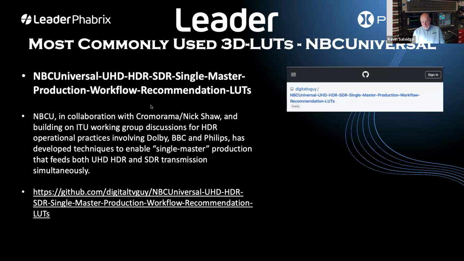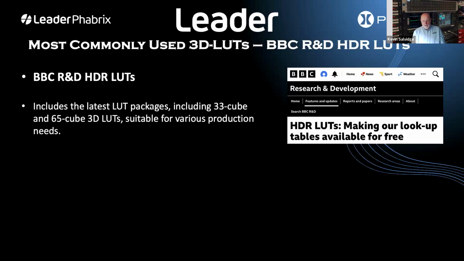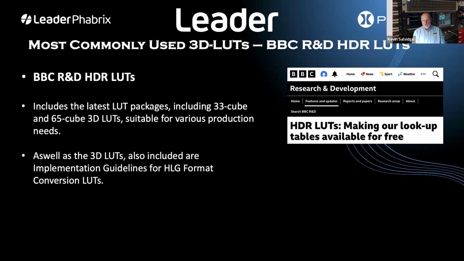And many of you, along with the NBC Universal LUTs, may well be familiar with the BBC and the work that they've done with LUTs. Obviously, this is predominantly focused around HLG because the BBC and NHK jointly developed this, but we're not here to talk about HDR and all of that today. But again, you can now download these LUTs free of charge.